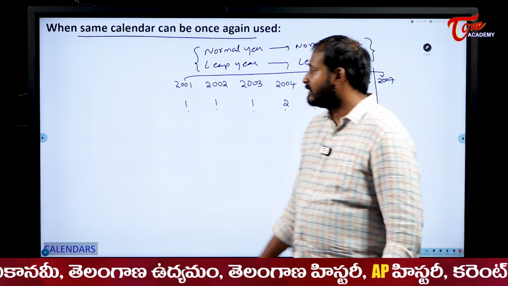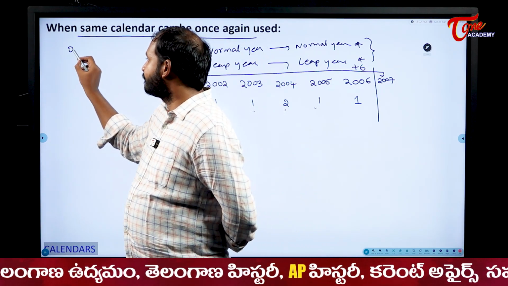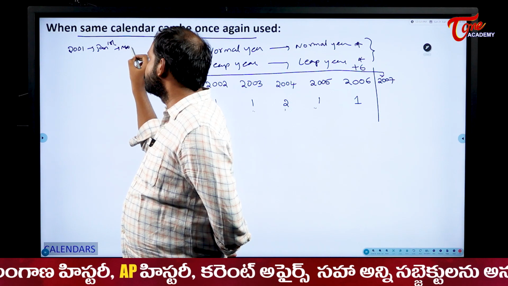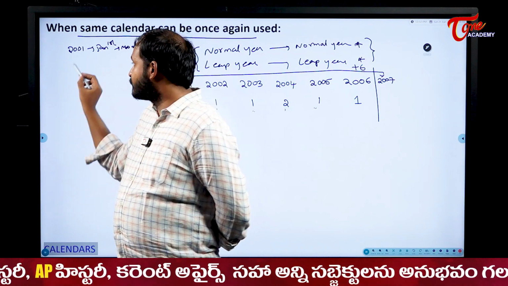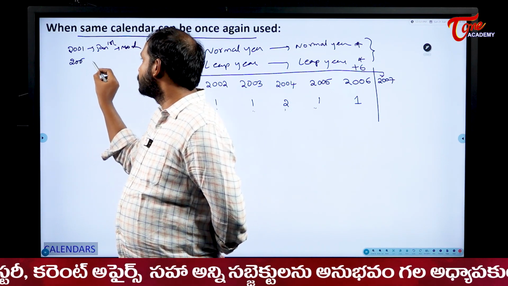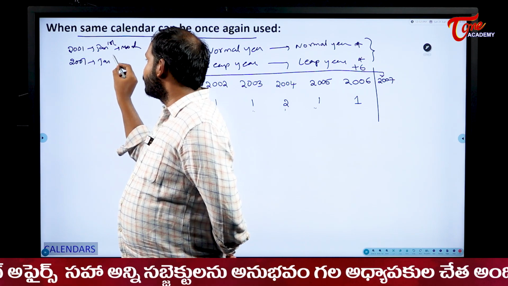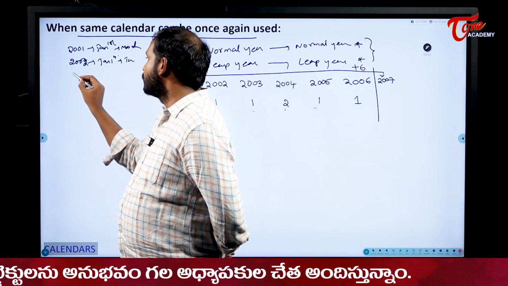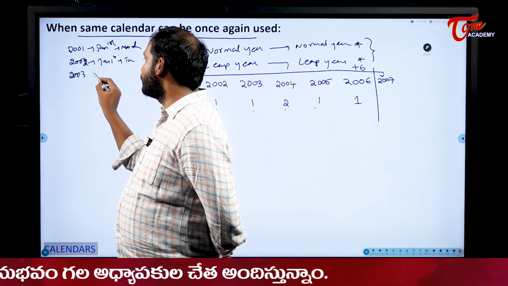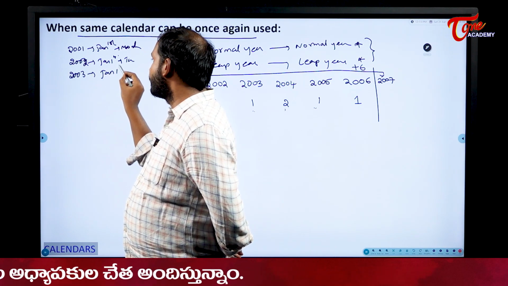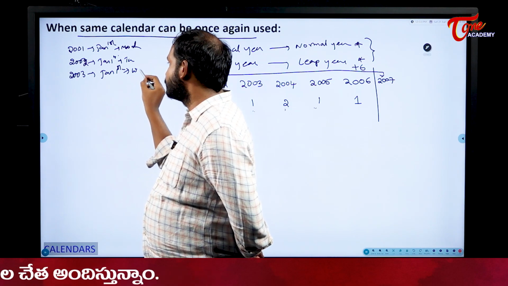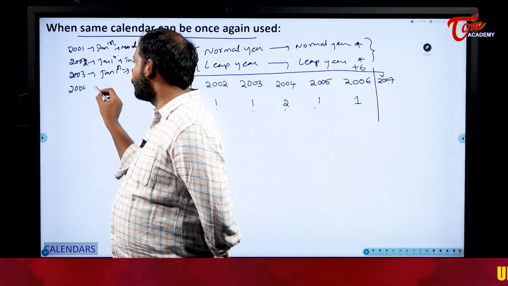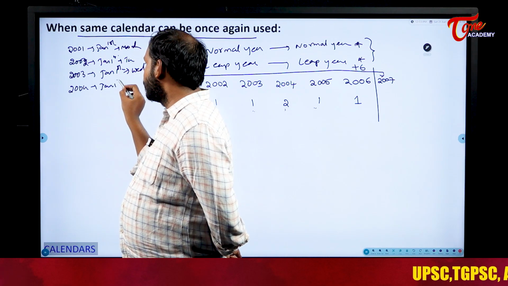See here, students. If 2001 Jan 1st is a Monday, next, what will happen? 2002 Jan 1st will become Tuesday. 2003 Jan 1st will become Wednesday. Next, 2004 Jan 1st will become Thursday.